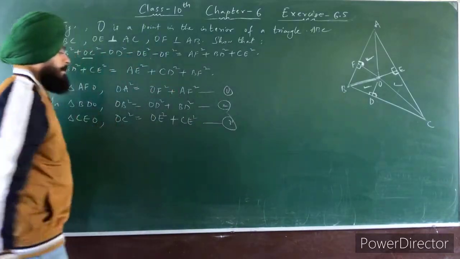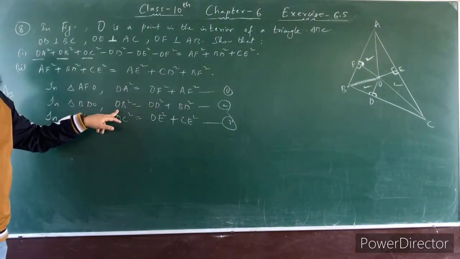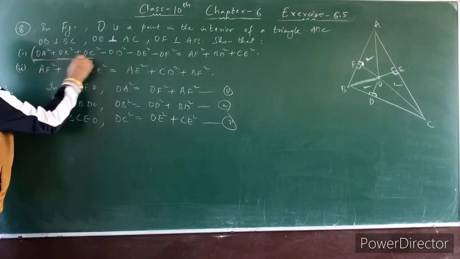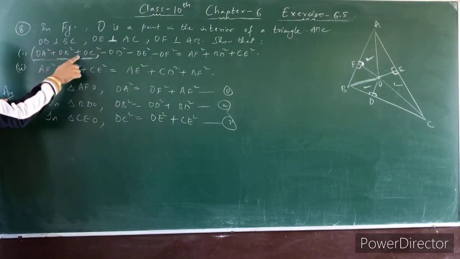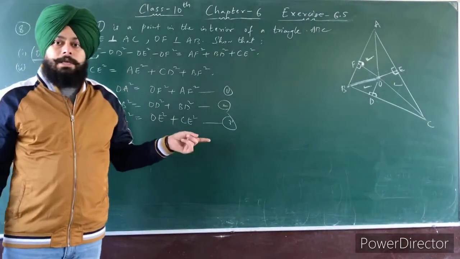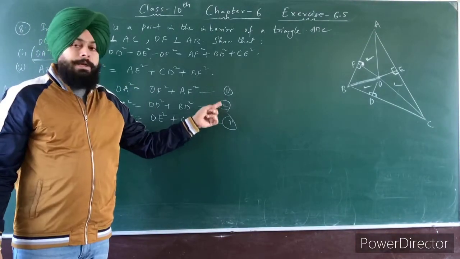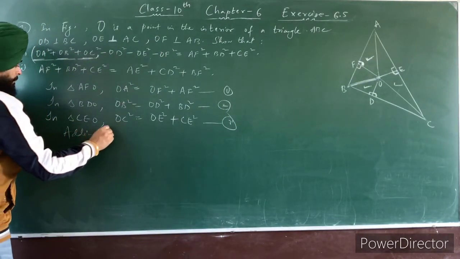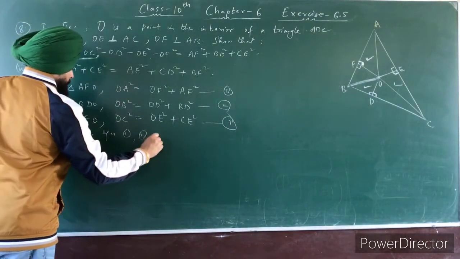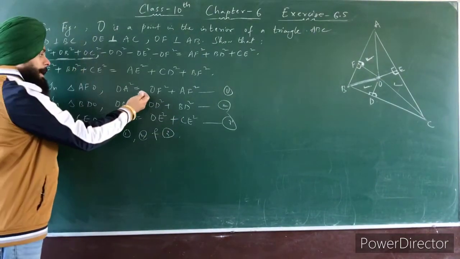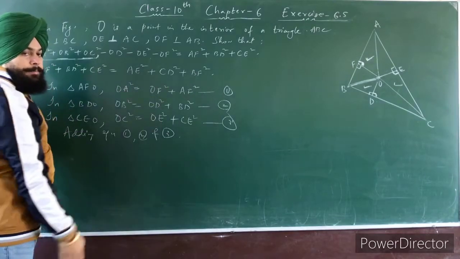Equation number 3. Now OA square, OB square and OC square. You can see here, which sign comes here? Plus. So you have to add equations 1, 2 and 3. When we are adding, again add left hand side and right hand side separately.